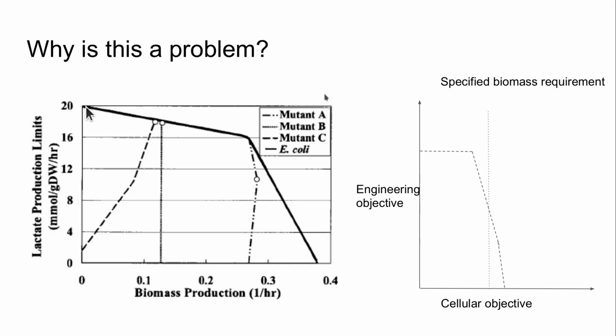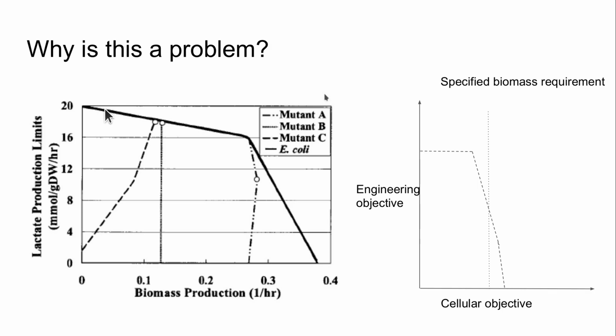if you look at our wild type like this, we could theoretically identify a mutant that produces a very high amount of lactate and at the same time doesn't grow at all. And that would be a problem to us because we need a certain amount of growth for our cell to be viable.